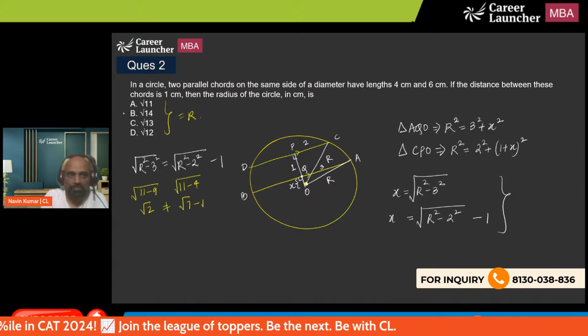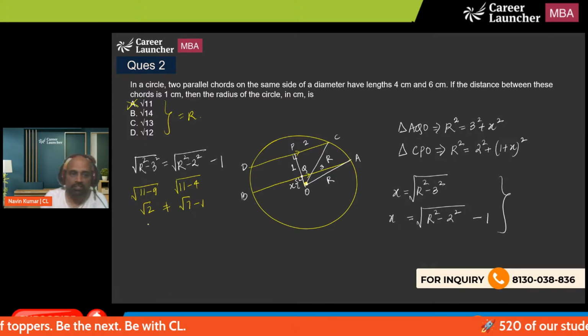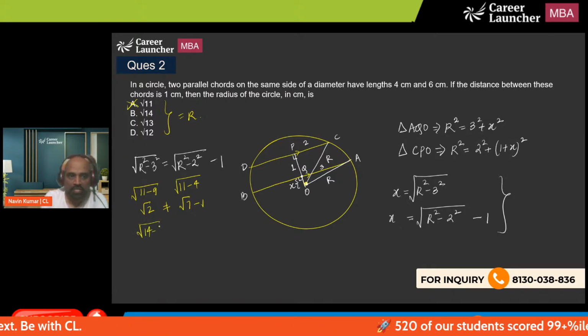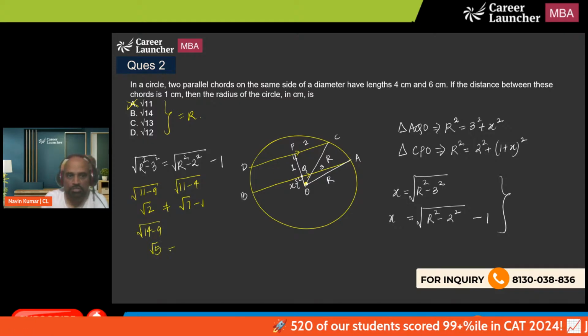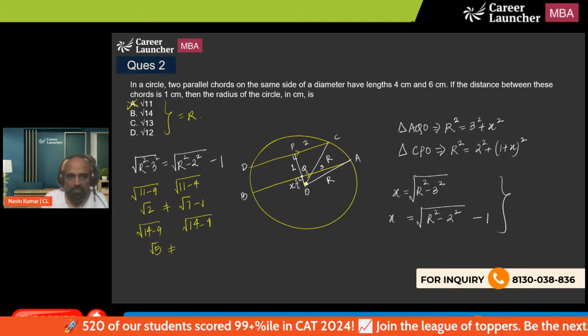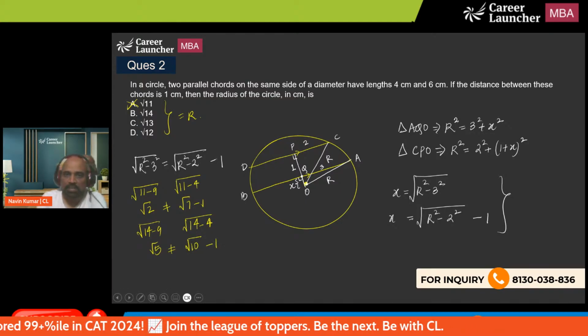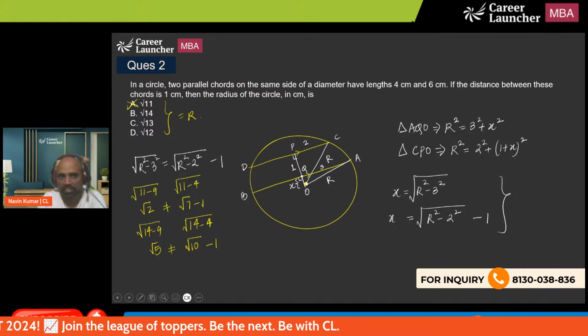They are not the same. So the first option is gone. If we take root 14, we will have root 14 minus 9, which is root 5, which is not the same, obviously, because irrational values will not be the same as irrational plus minus an integral value.